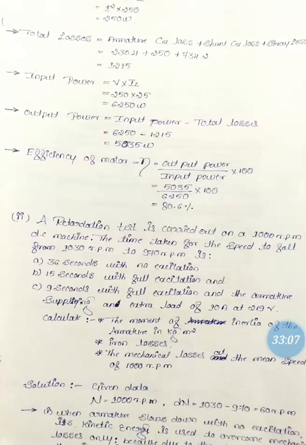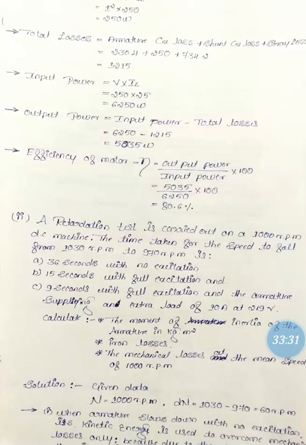Then we get the shunt field winding copper loss as 250 watt. Then the total losses are the sum of the armature copper loss, the shunt field winding copper loss and the stray loss: armature copper loss calculated above is 230.4 watt, shunt field winding copper loss is 250 watt, and stray loss is also calculated, giving 734.2.